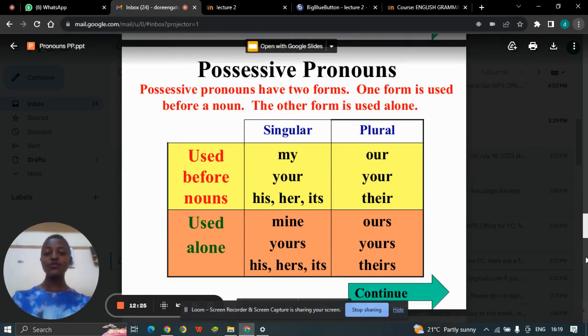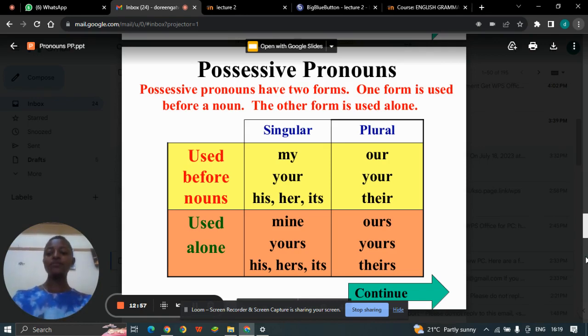Possessive pronouns occur in two forms. One form is used before a noun, and the other is used alone. For example, the possessive pronouns used before nouns in singular are my, your, his, her, its, and used before nouns in plural are our, your, their.